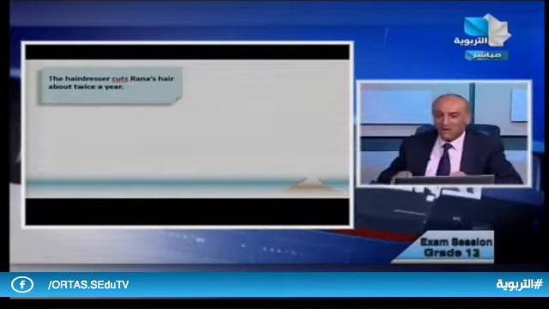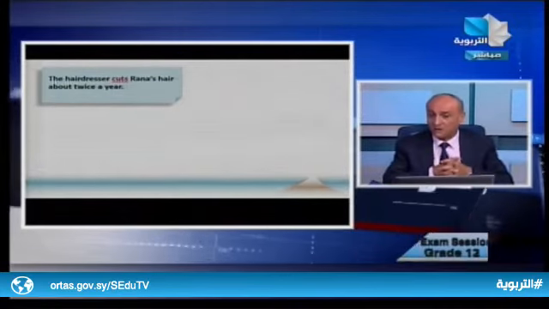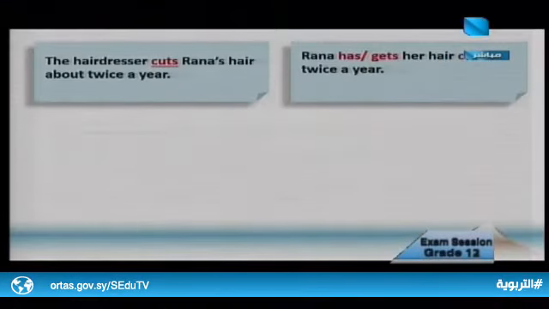Which means that Rana doesn't cut her hair herself. Someone else cuts it. She asked the hairdresser. So it means that here Rana has or gets her hair cut twice a year.